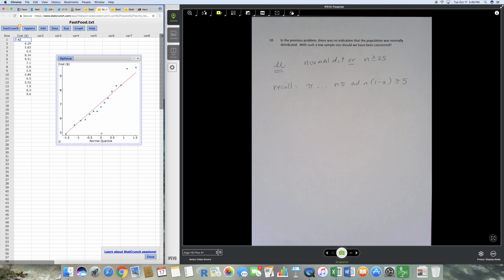So since these are quantiles, it comes in and gives measurements for the quantiles for the cost. And so I don't see any, this concerns me a little bit. This is row 6, cost 951, normal quantile 1.15.